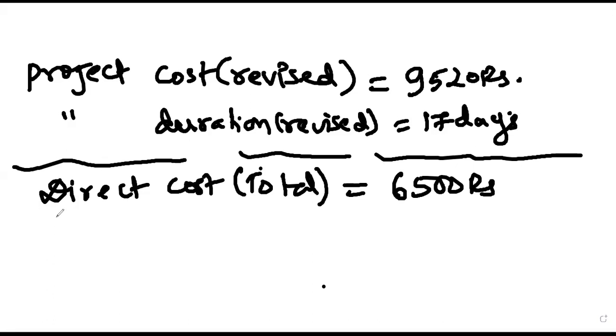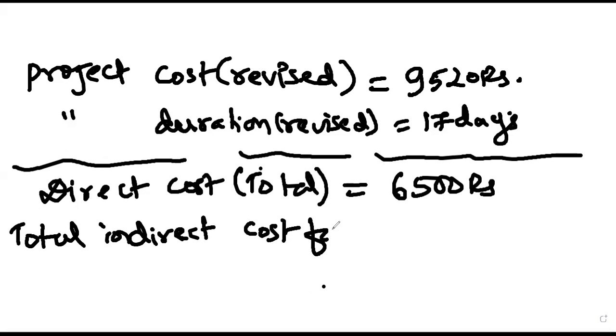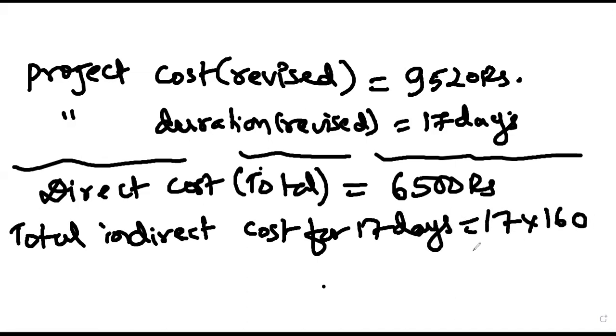Total indirect cost for 17 days is 17 into 2,720? That's right.